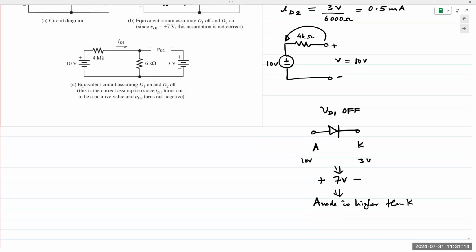Let me know if you have any questions. Do the steps make sense? Right?